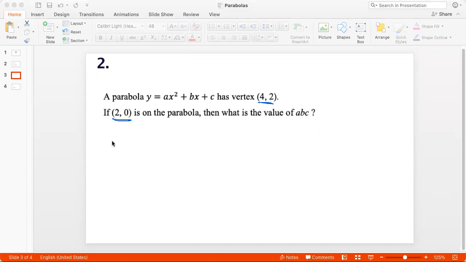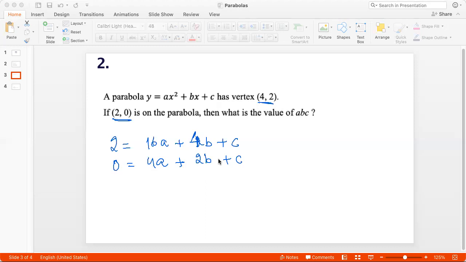So if I put the first point, I'll get 2 = 16a + 4b + c. If I substitute the second point, I'll get 0 = 4a, oh sorry, this had to be 2b + c, right? So I have those two equations.